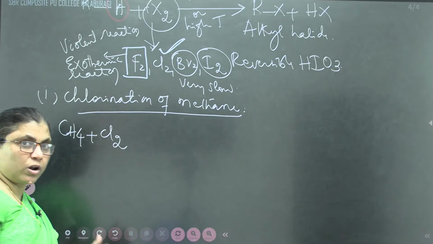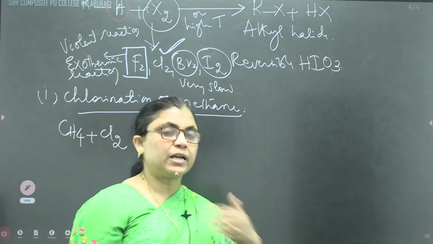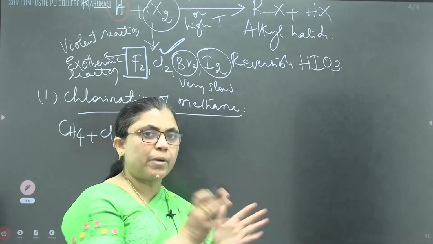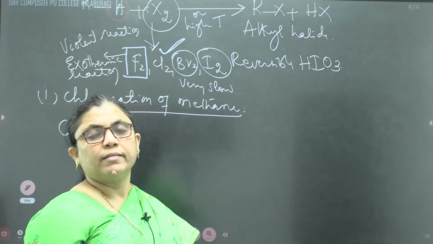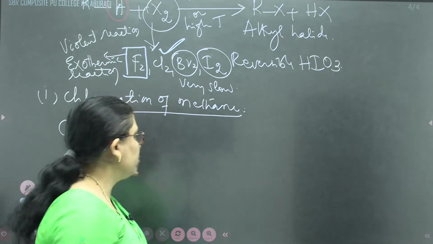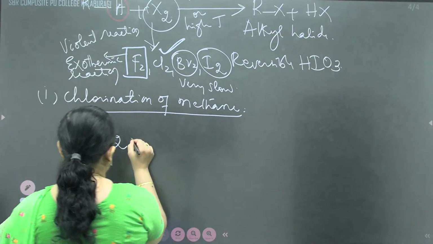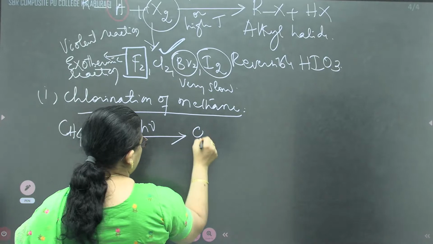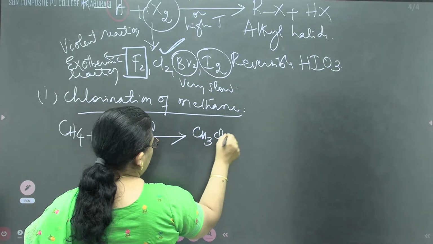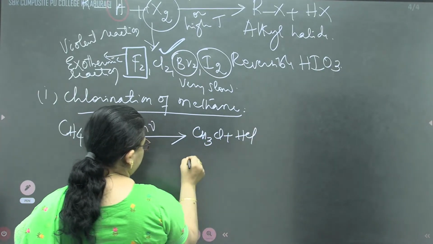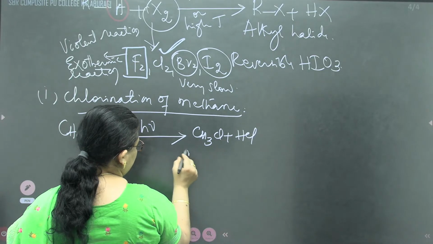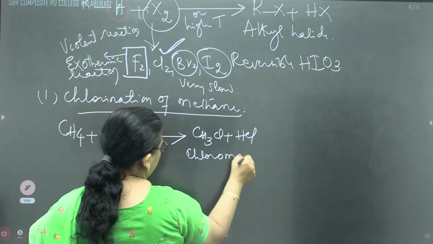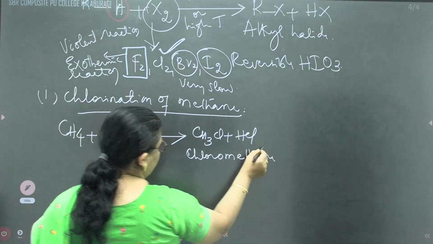Chain reaction means that as long as free radicals remain, the reaction continues. All the free radicals should combine to form a neutral molecule, and only then will the reaction stop. With diffuse sunlight, we get methyl chloride plus HCl, chloromethane. You can write the IUPAC name.